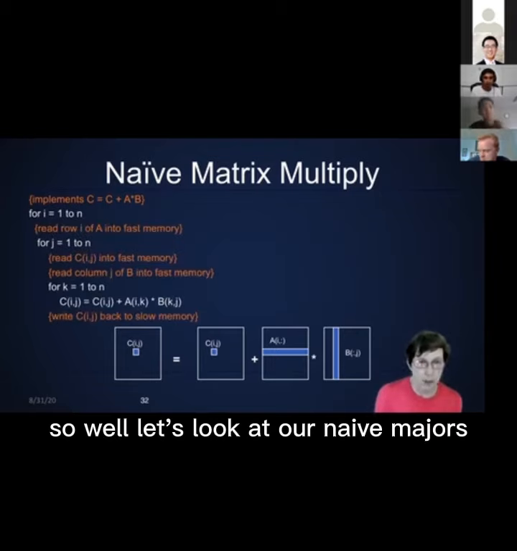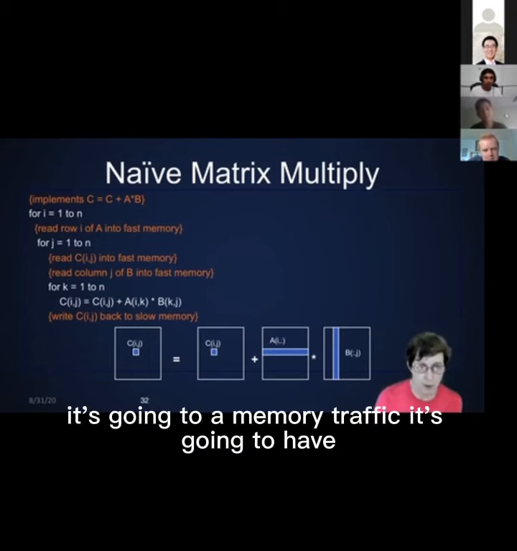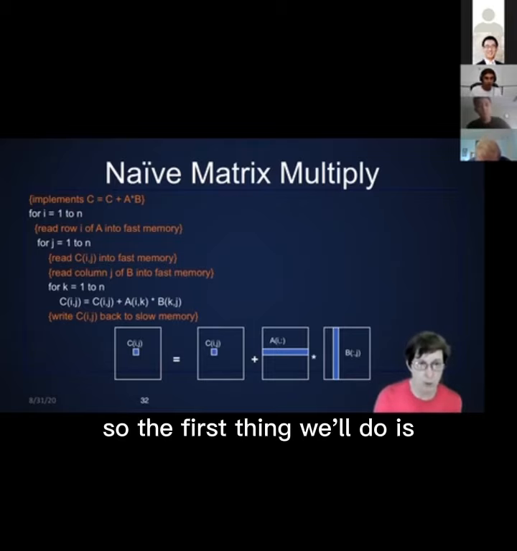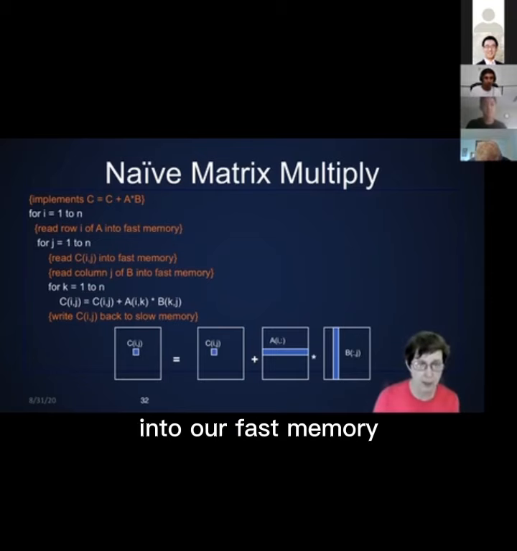So, let's look at our naive matrix multiply and figure out how much memory traffic it's going to have. The first thing we'll do, and once again, we're just going to assume we can load exactly what we want into our fast memory.